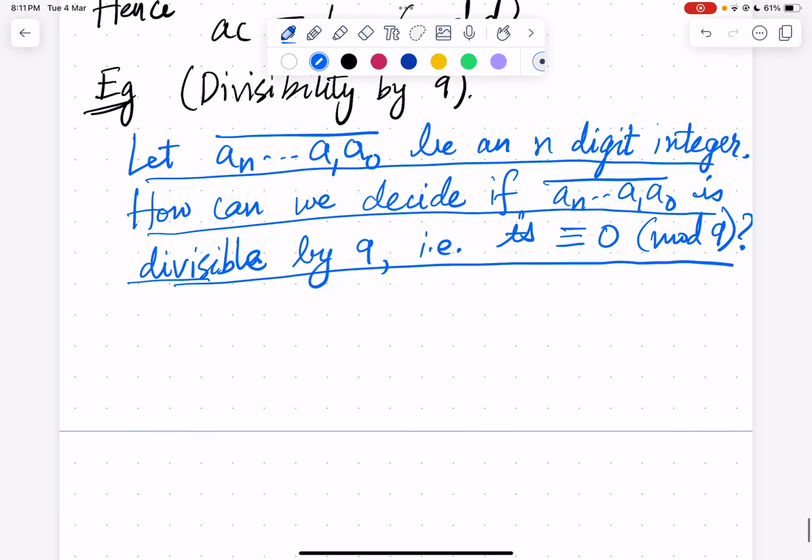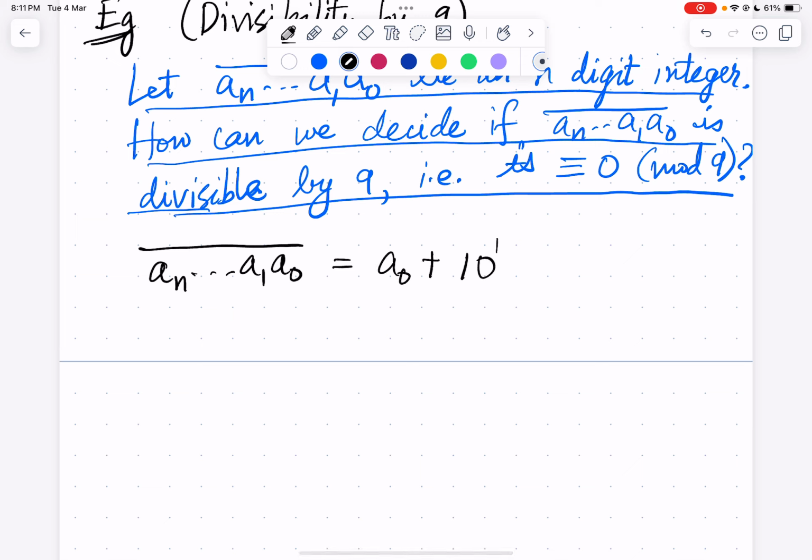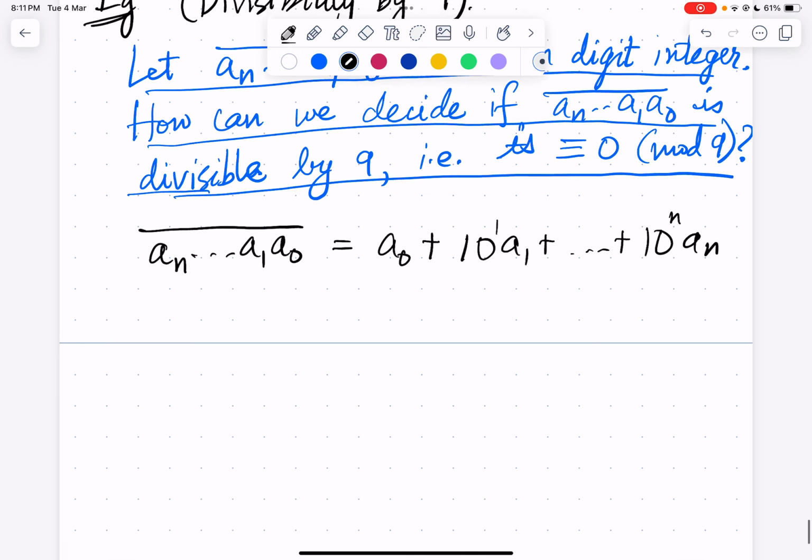So let's do that. Firstly, this n-digit integer is a0 plus 10 to the power 1 times a1 plus so on till 10 to the power n times an.